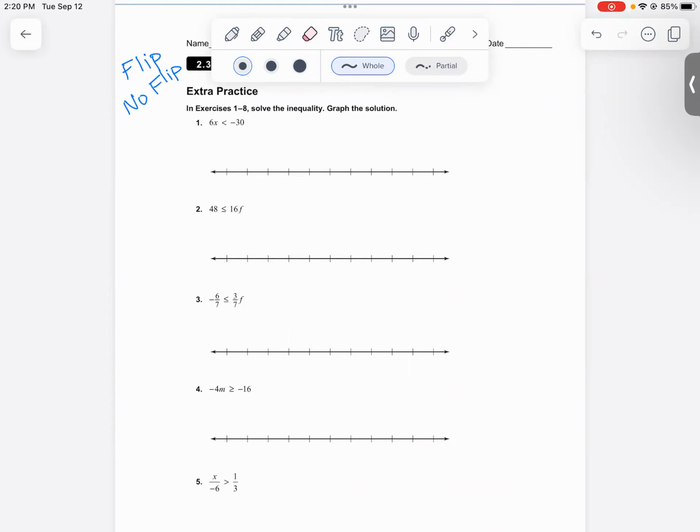Just you and your elbow partner, right? Flip or no flip? Only when you multiply or divide by a negative. It only matters if one of the numbers is negative. That's the only one you need to focus on.